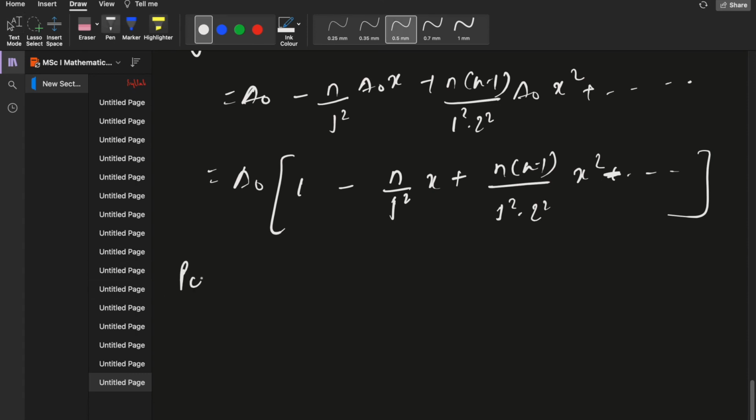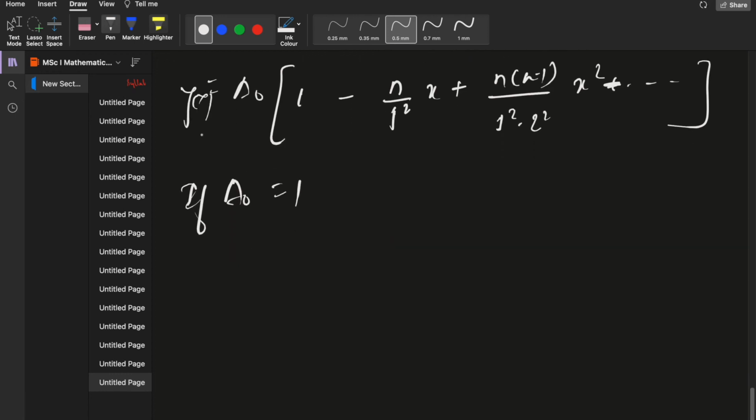So if a0 is 1, this is y(x). Here y(x) becomes L_n(x), which is a Laguerre function.